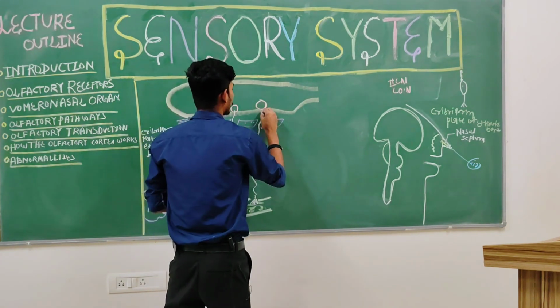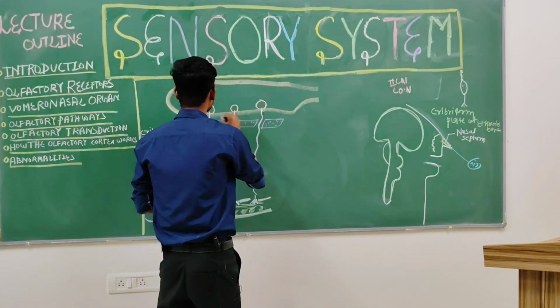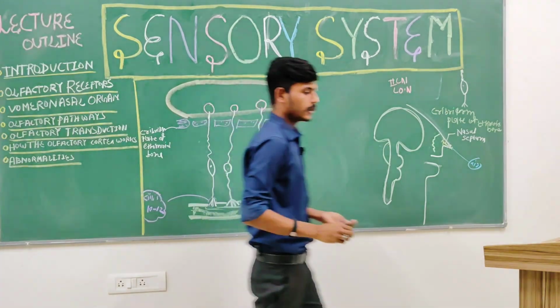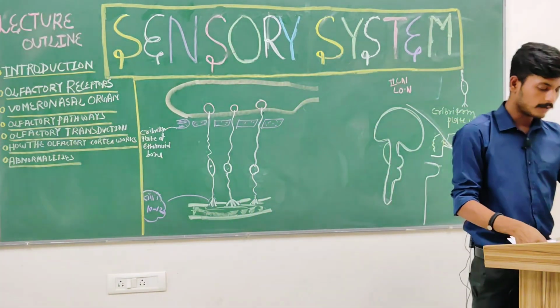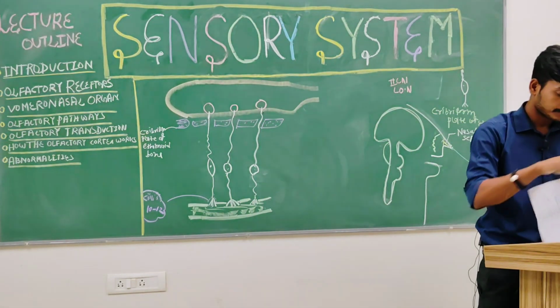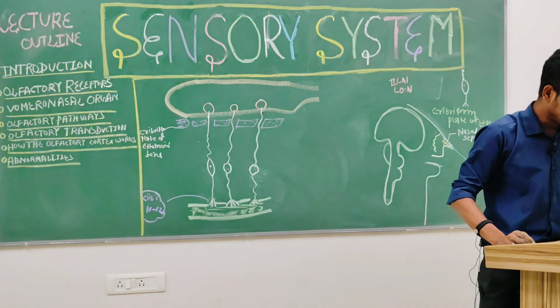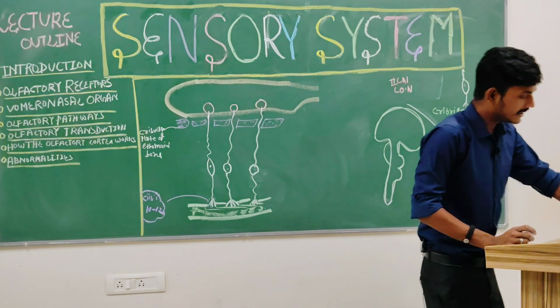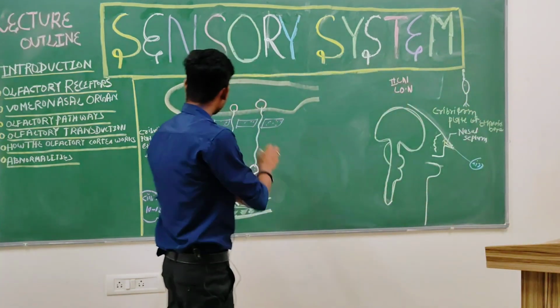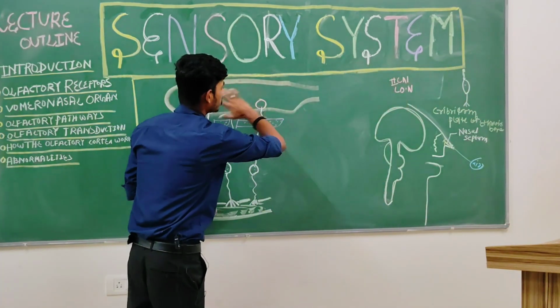You know that synapse is basically the meeting of two neurons. Now they make synapse with the olfactory bulb.